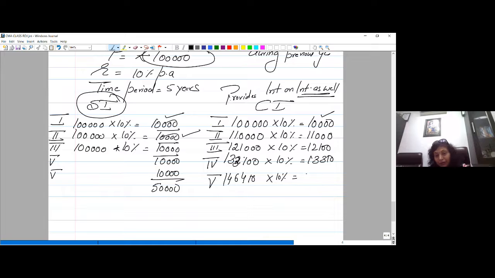That becomes 14,641. So the total interest that you have earned in 5 years in case of compound interest is 61,051, whereas you will get 50,000 in case of simple interest.